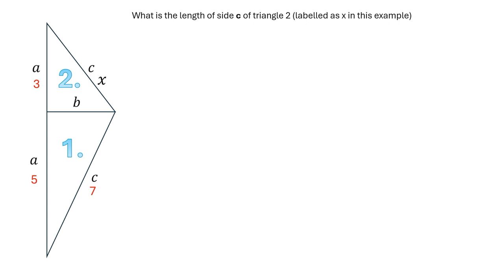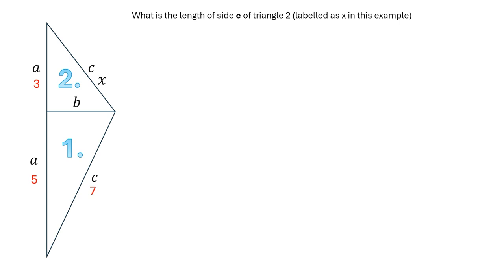We need at least 2 sides to be able to use the Pythagorean theorem to figure out the last side. What we do know, though, is that triangle 1 and triangle 2 both share a side.